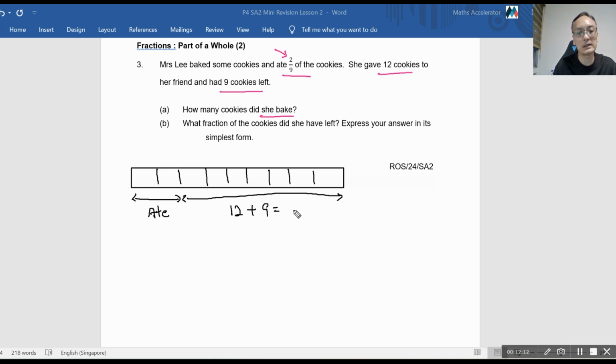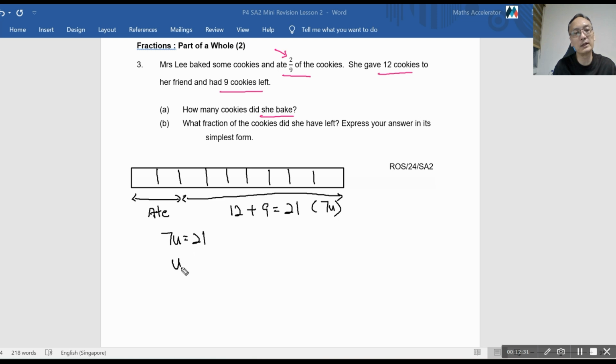So here will give us 12 plus 9, 21. And this 21 is equal to 1, 2, 3, 4, 5, 6, 7 units. So let's write a bracket, 7 units. So 7 units is equal to 21.